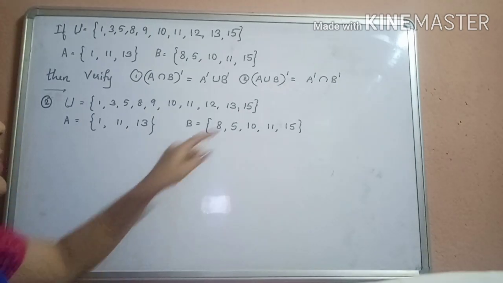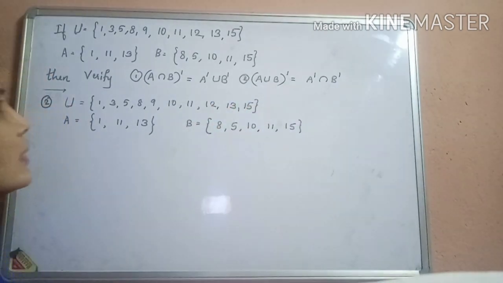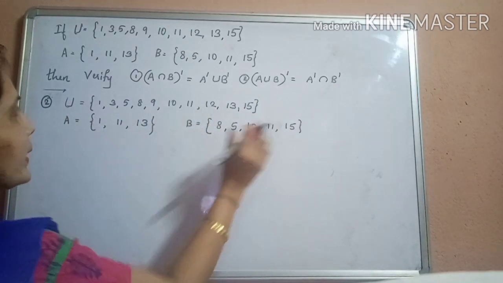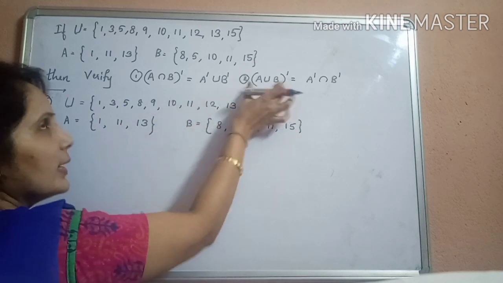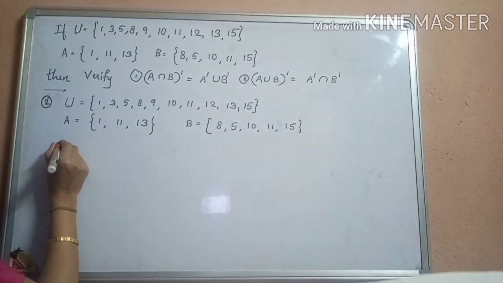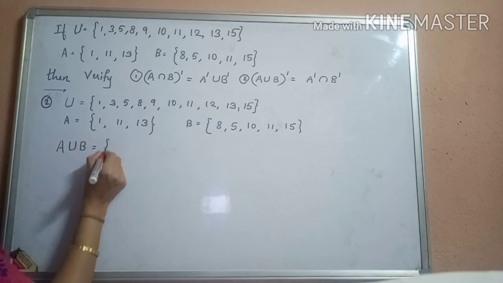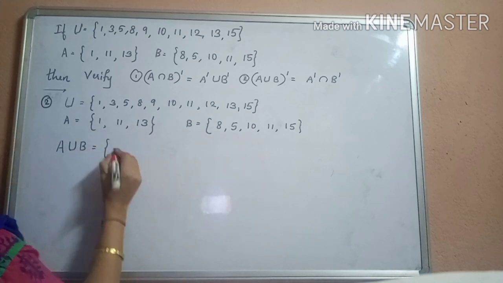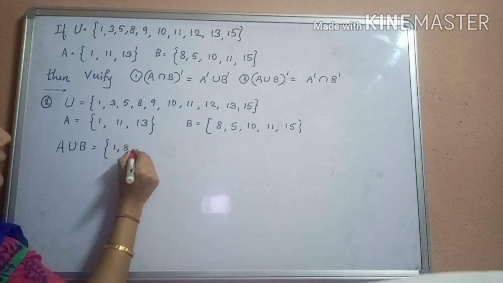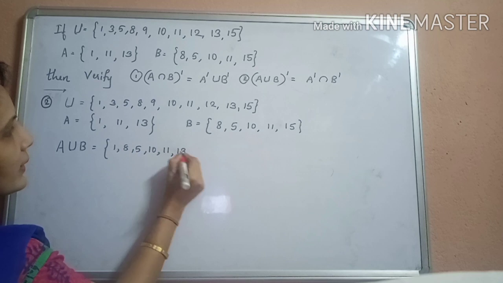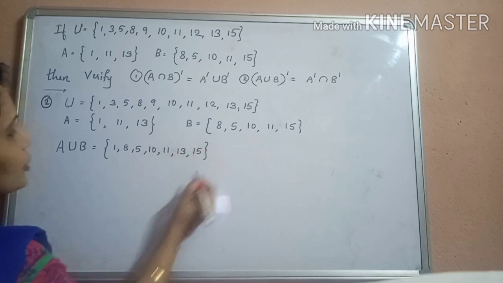Now let's see the second rule. Same. Okay. Universal set, A, B. First we will have LHS: A union B complement. For that I should have first A union B. A union B means all together. So 1, 8, 5, 10, 11, 13, 15. I wrote all together.